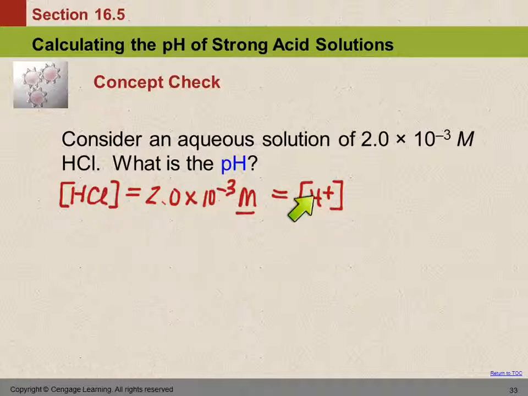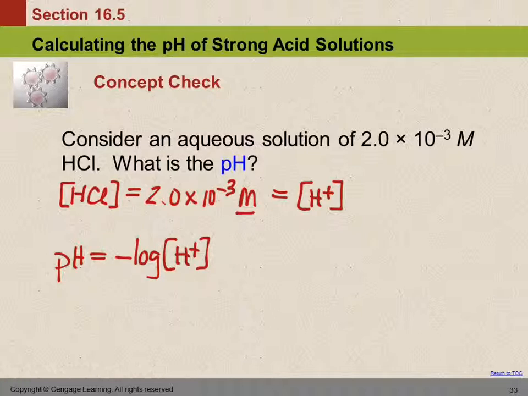So the concentrations of these are the same. Then to find the pH of this solution, the pH is the negative log of the hydrogen ion concentration. So we just plug the number in, 2.0 times 10 to the minus 3rd.